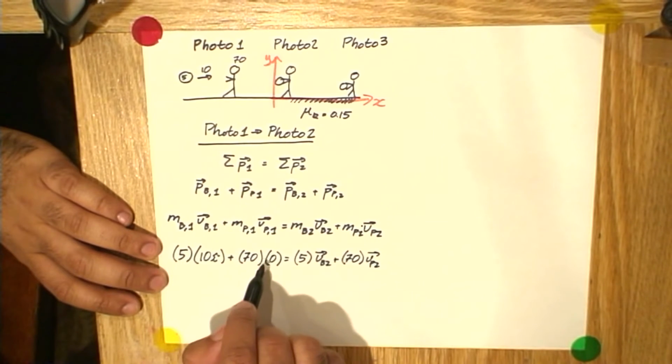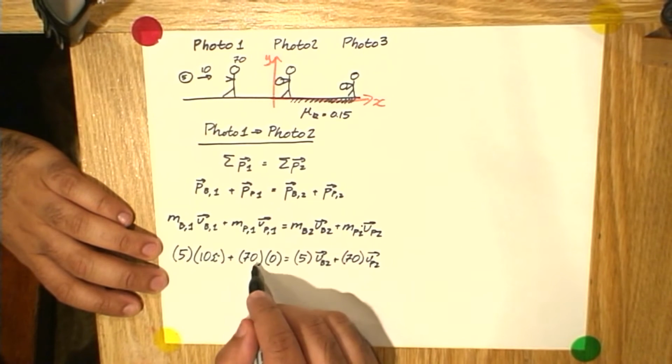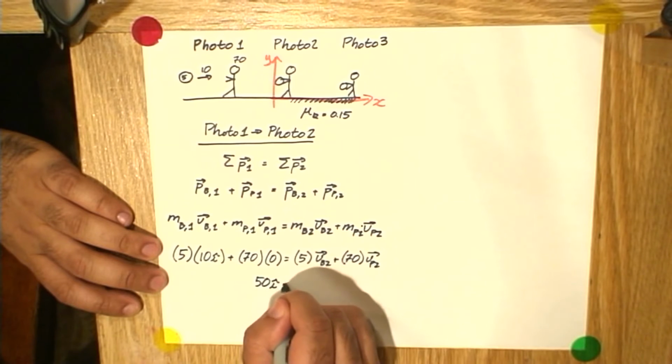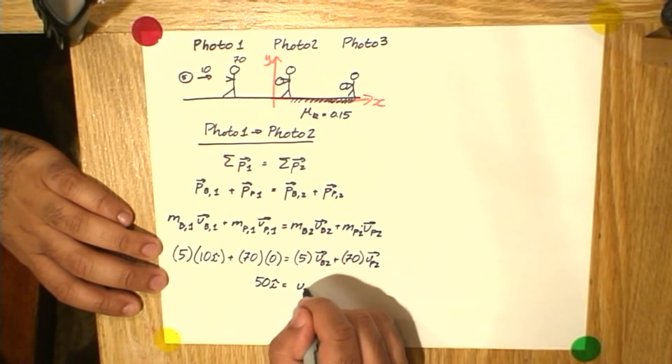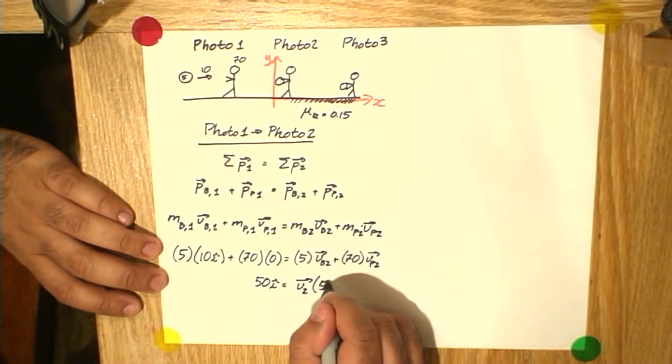So the total momentum on the left side in photo 1 is 5 times 10 i hat. That's 50 i hat, since this term obviously is 0. Is equal to, I'm going to call this velocity over here velocity 2, times 5 plus 70.